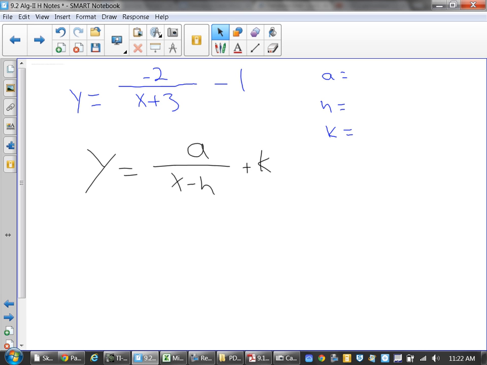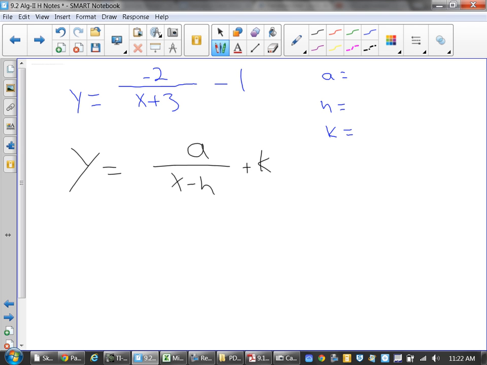You get what are called vertical asymptotes and horizontal asymptotes. We're going to work with this model that has vertical and horizontal asymptotes.